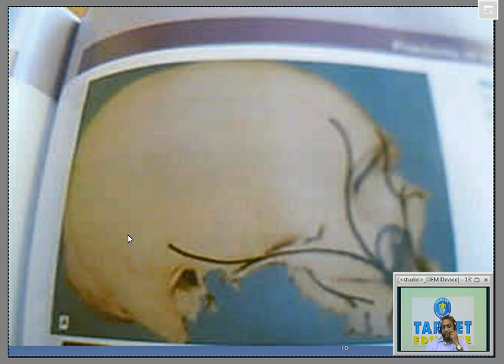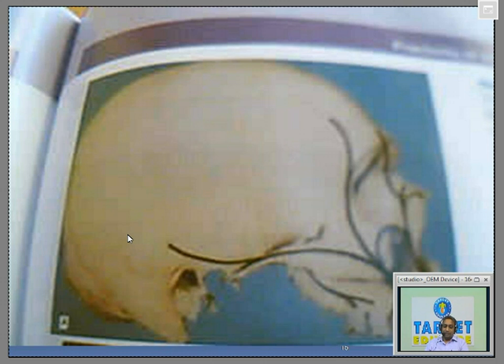So in a horizontal fracture, Guerin's fracture or Lefort 1 fracture, you put two plates: one reverse L-shaped plate on the lateral wall of the pyriform aperture, and the other plate on the zygomatic buttress. So this is how you manage the fractures of the middle 1/3 of the facial skeleton.